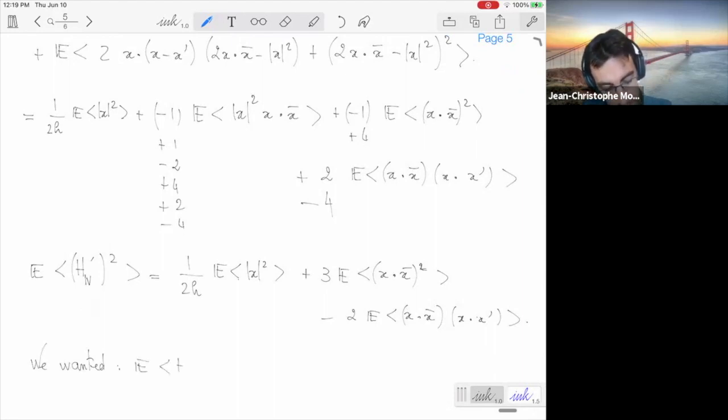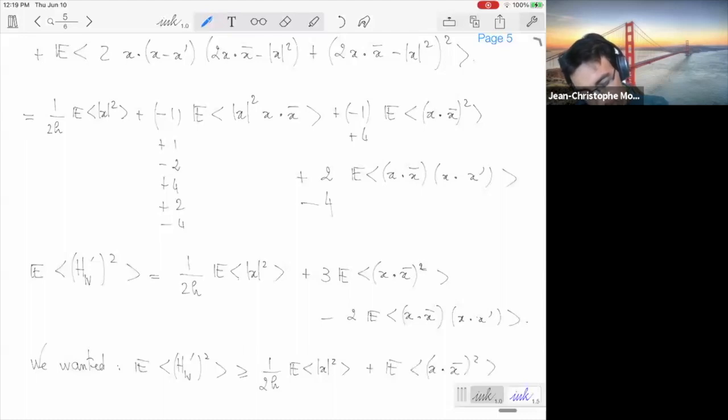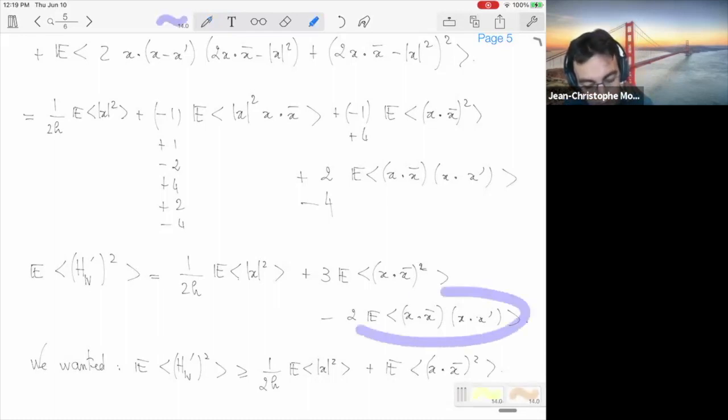Okay, and what we wanted is that this is larger than or equal to this little guy plus expectation of x dot x bar squared. This is what we wanted to complete the argument. And I claim this is all good because by Cauchy-Schwarz, this expectation here is bounded by this expectation.